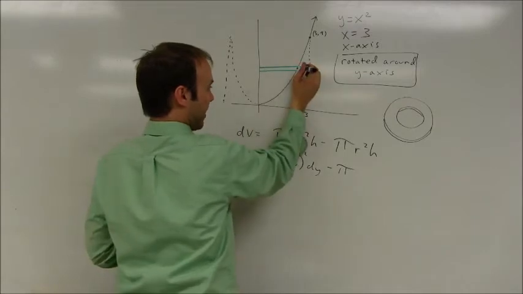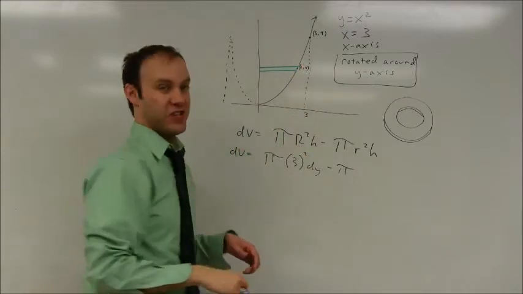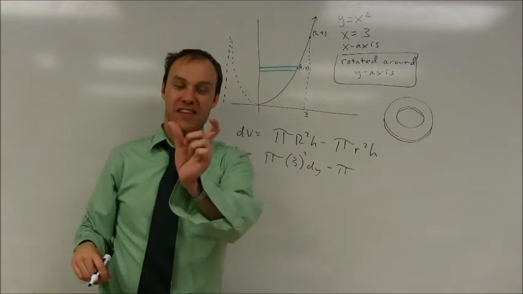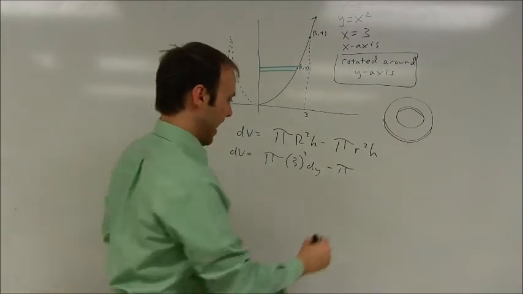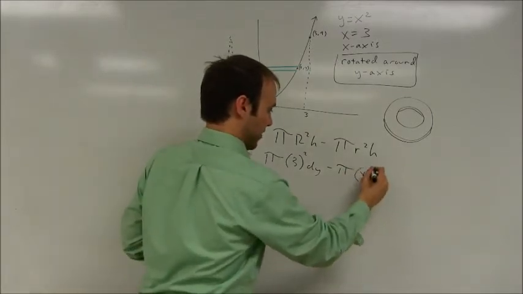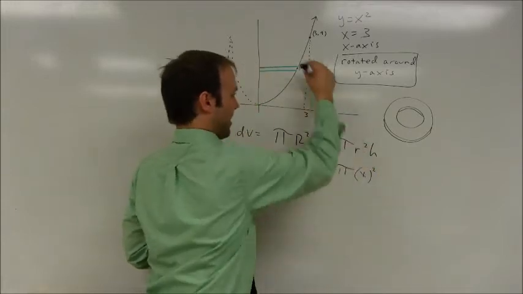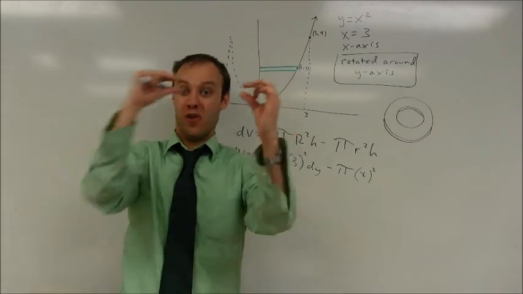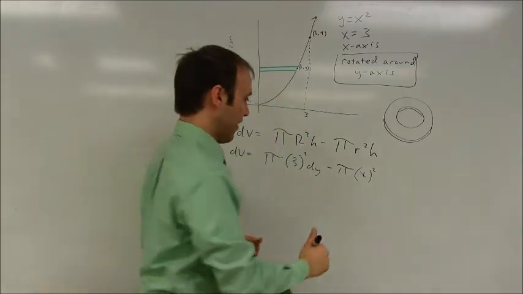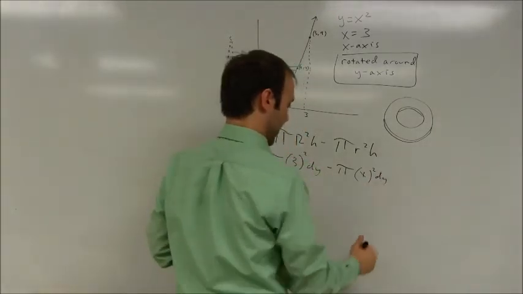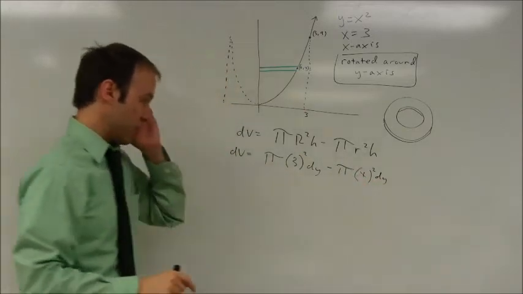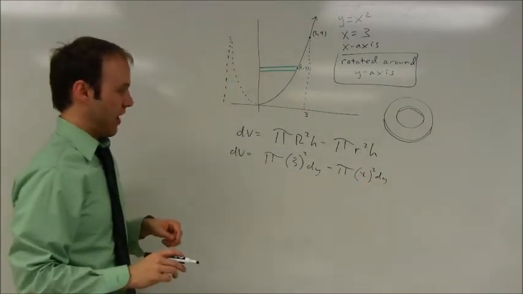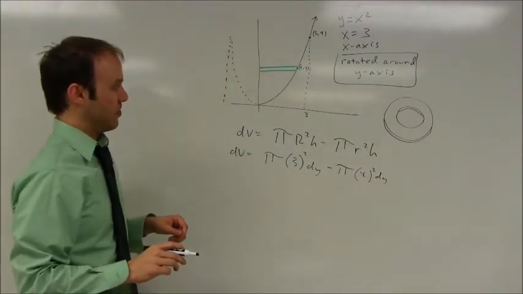There's an x-coordinate and a y-coordinate, but they're changing. In this case, the radius is represented by an x, so it's the radius squared times the height, the thickness of that strip, or of that washer. And that's a dy. This is telling me everything needs to be written in terms of y.